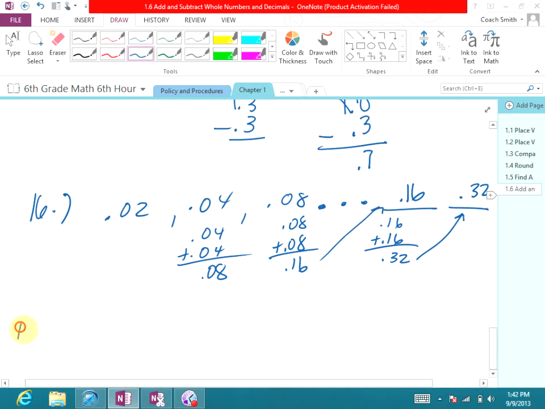Now let's look at 17. You could say multiplying, but we really don't know how to. We haven't covered multiplying decimals, and so that's why they're not going to say multiplying. Number 17 says Mercury's mean distance from the sun is 0.387 AU. AU means astronomical units.